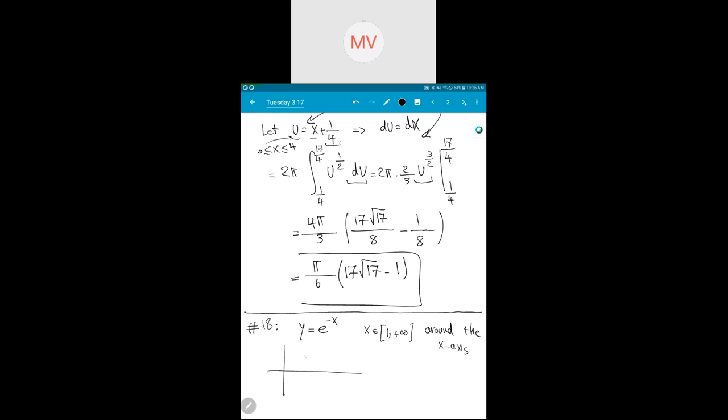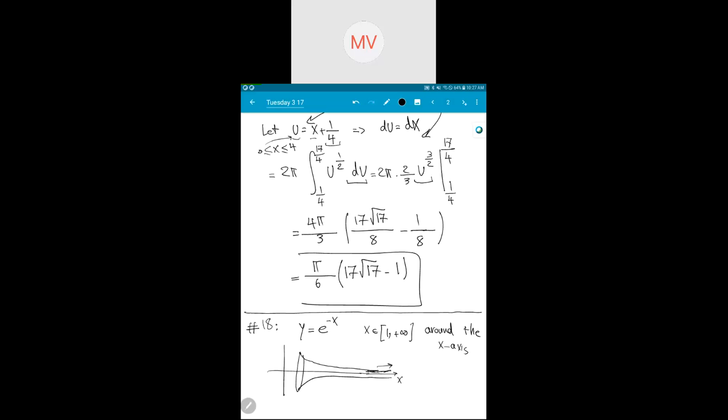First of all, that 1 is going to be 1 over e, so you can think of that value right there. But at infinity, e to the negative x approaches 0. So it's going to go like that, but it just keeps going to infinity. Now, if this rotates, you can imagine it's going to make a huge funnel that from this side just keeps going to infinity.